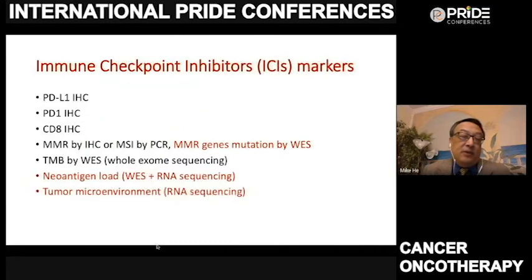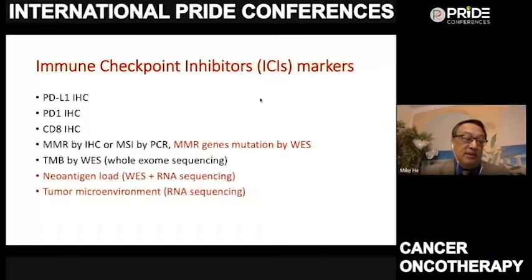As I mentioned in the previous slide, the potential markers for this checkpoint inhibitor therapy could include PD-L1, PD1, and CD8. These could be examined by immunohistochemistry. The DNA mismatch repair function status could be examined by immunohistochemistry or PCR, or the gene mutations by whole exome sequencing.